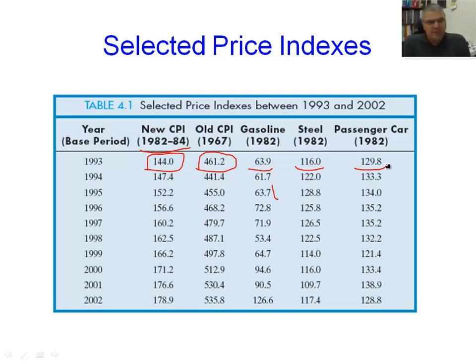Again, this is as of 1993, but in comparison with 1982, the year is also given here, and note that they're not all the same. Okay, and in 2002, that 144 now is 178.9, 535.8, and so on.